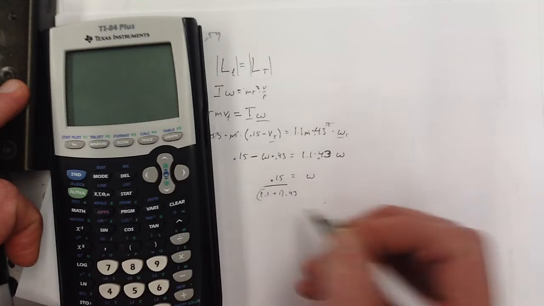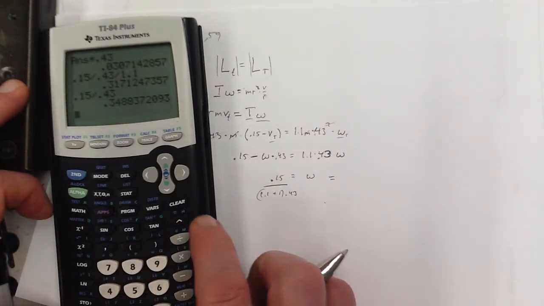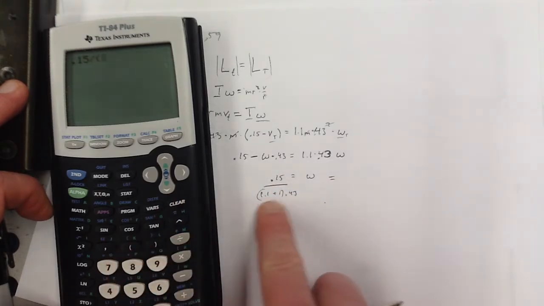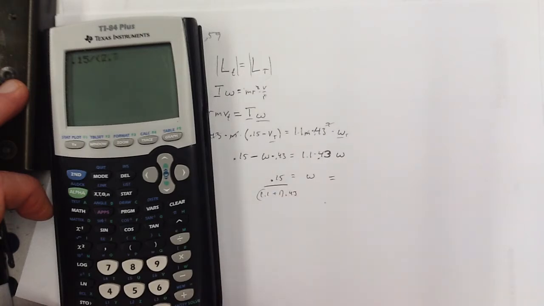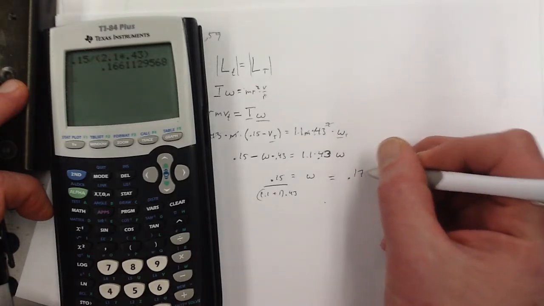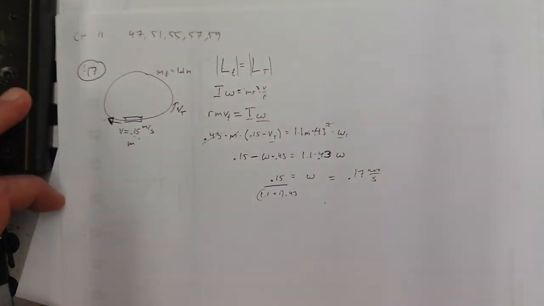I'm just rearranging, doing a little factoring and so on. And it's 0.15 over 2.1 times 0.43, and that's about 0.17 radians per second. All right, that's that one.